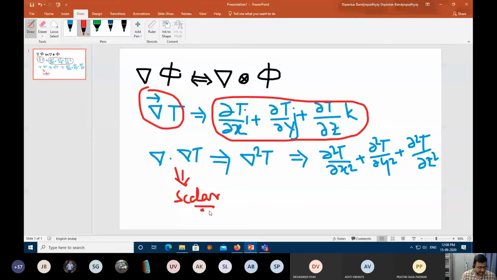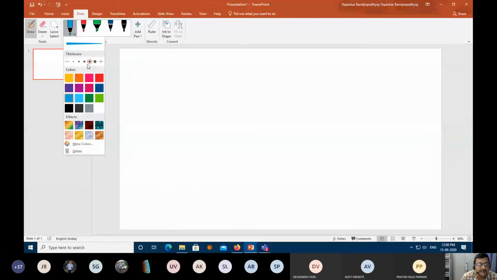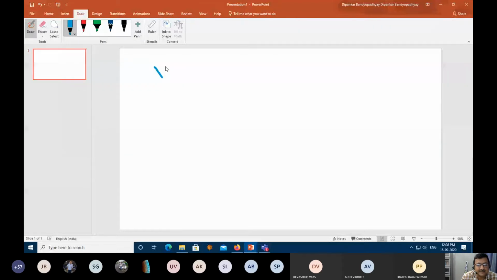Now we can really go for different types of operations as we have seen. Suppose I have a variable which is velocity. If I take velocity as a vector and take the divergence of the velocity, then I end up getting a scalar.